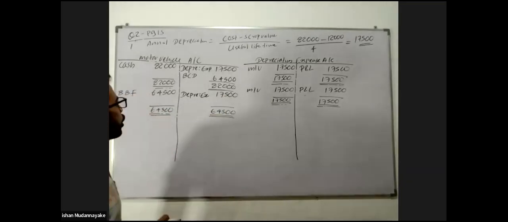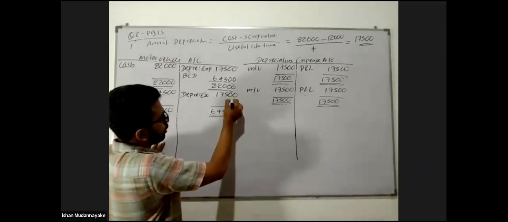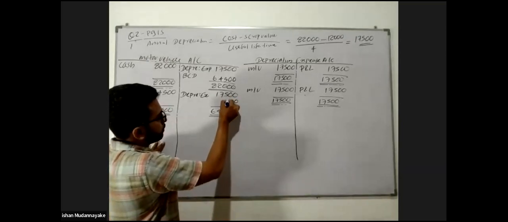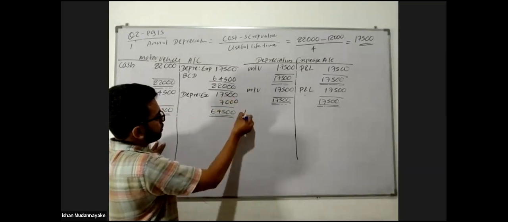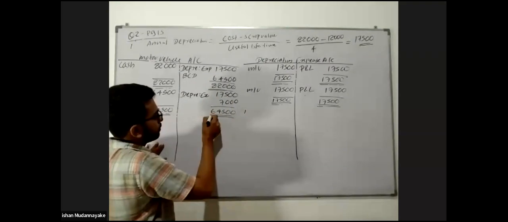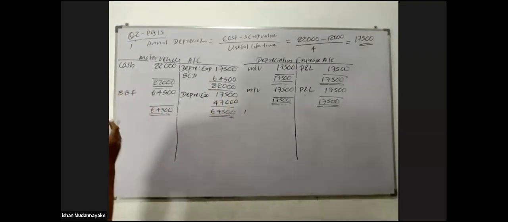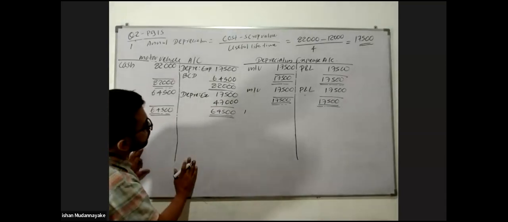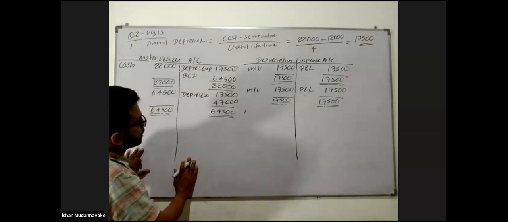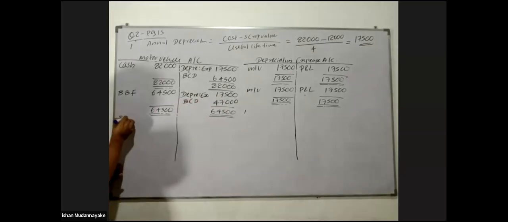What is the closing balance of the motor vehicle account? 47,000. Balance carried down of the motor vehicle 47,000.